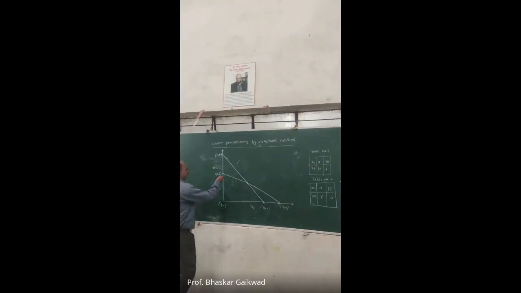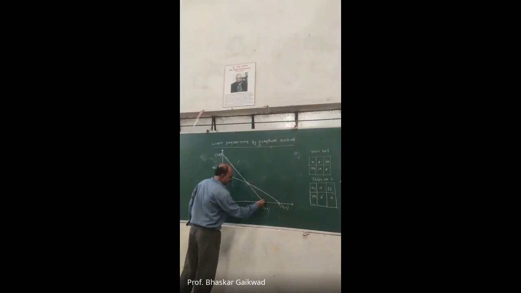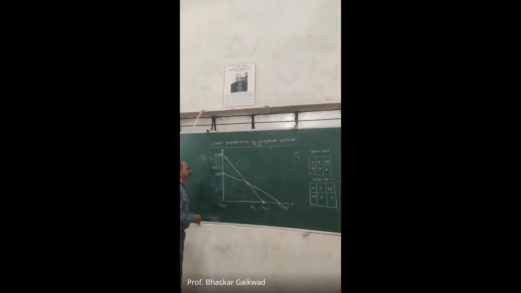So this is point number 1, this is point number 2, this is point number 3. Okay, so within these points, whatever region is there, here it is the visible region.